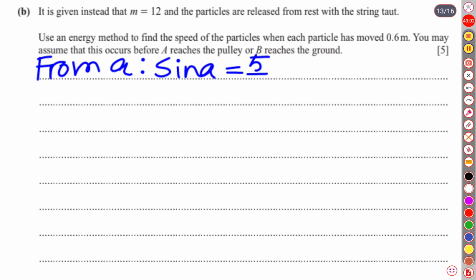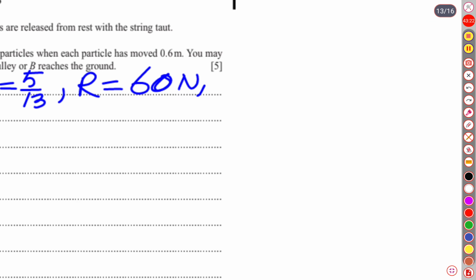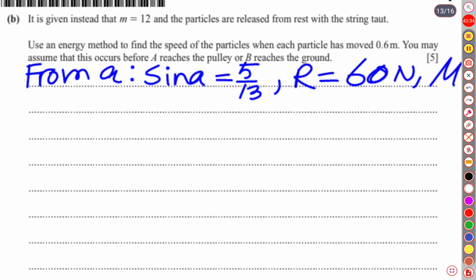Then the normal reaction force was 60 Newton, and mu is given as 0.4. Mu is the frictional coefficient between the rough surface and the object. So these are the pieces of information we can extract from the previous solution.